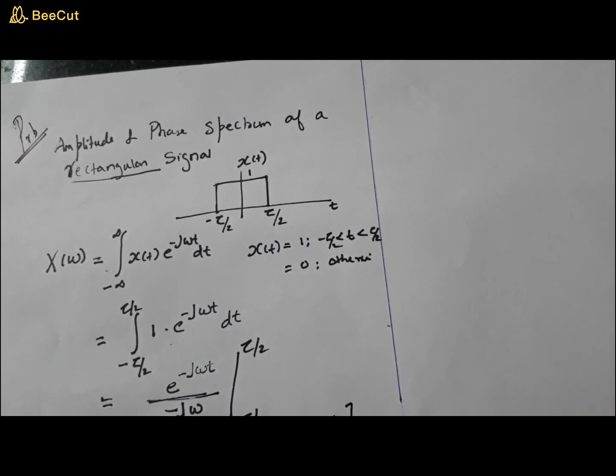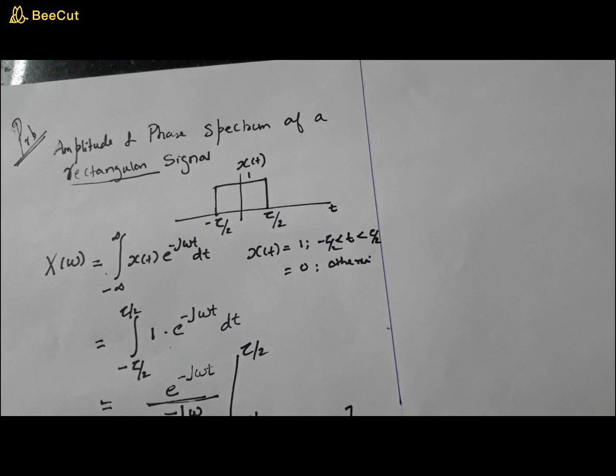Now if you put 2 and 2 here, so if you multiply this by 2 and 2j omega, you can bring this together. This is e raised to j omega tau by 2 minus e raised to minus j omega tau by 2, divided by 2j, which can be written as sine omega tau by 2.